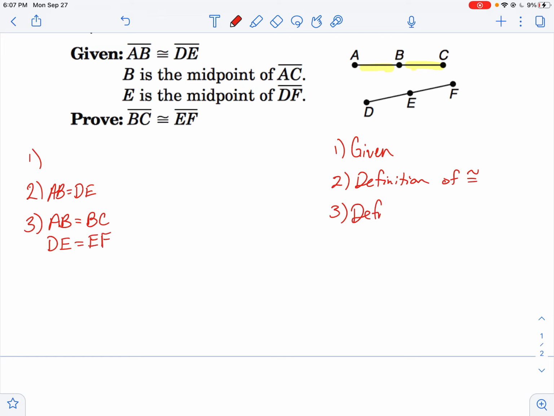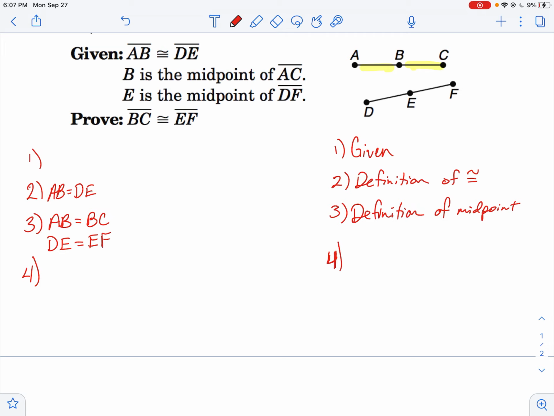By the definition of midpoint. And from here, I think you'd be able to solve it. I think you'd be able to finish this proof. But of course, you can keep watching until you feel confident enough to try it on your own. Pause the video, finish the proof, unpause, and check your work.